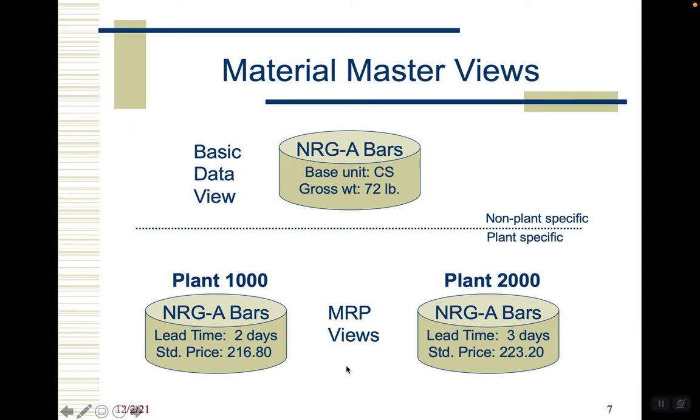But then we also have things at the plant level. At the plant level, we're interested in what it takes to make these things. And this can vary from plant to plant. For example, in plant 1000, our lead time is 2 days, and our standard price to manufacture is $216.80. Whereas in plant 2000, maybe we have a situation where it takes another day.